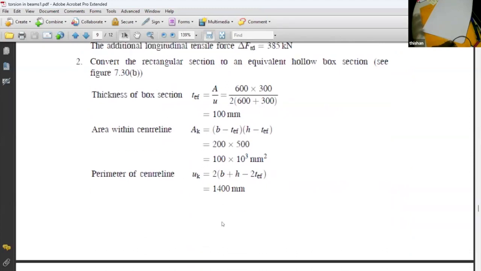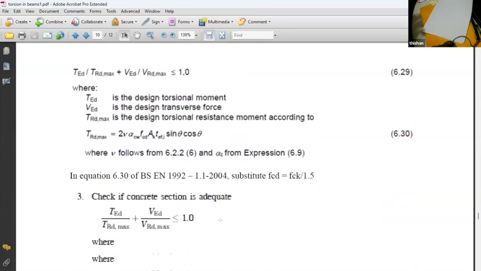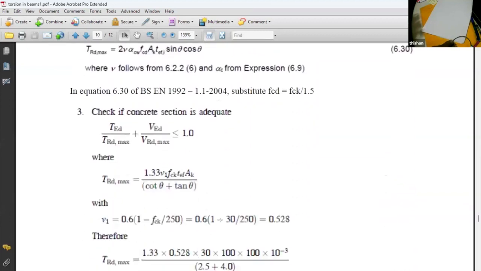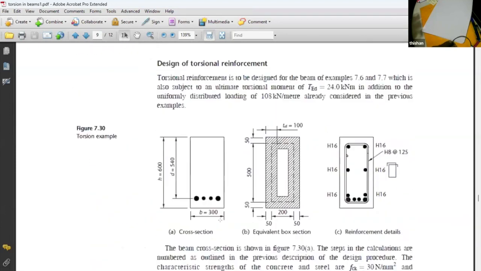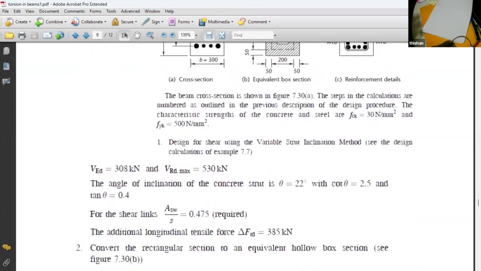Now, when you are designing, for convenience, it was considered as simply supported. Right? So the first part of the design will be finding the bending reinforcement, and then finding the shear requirement, and then they found that the strut angle is 20 degrees.